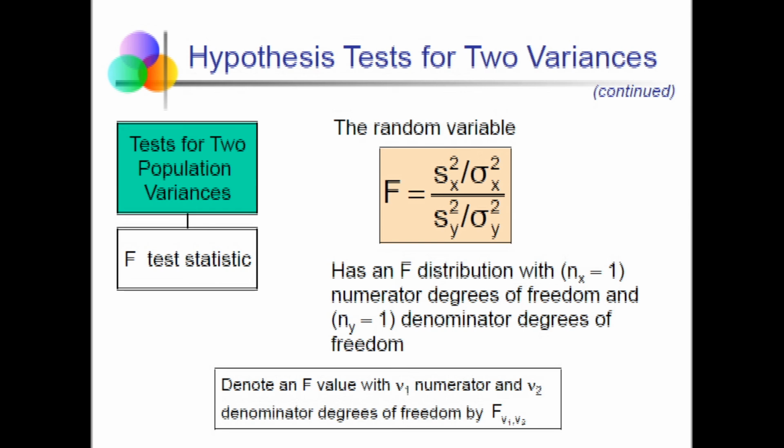And the denominator degrees of freedom is given by ny minus 1, where ny is the sample size from the second population. So we denote F as having v1 comma v2 degrees of freedom.